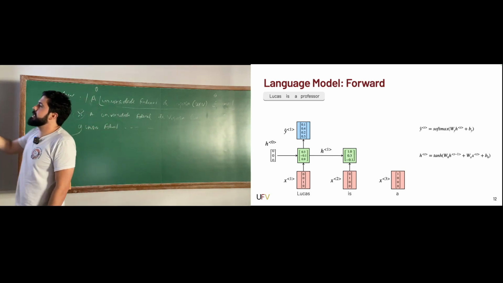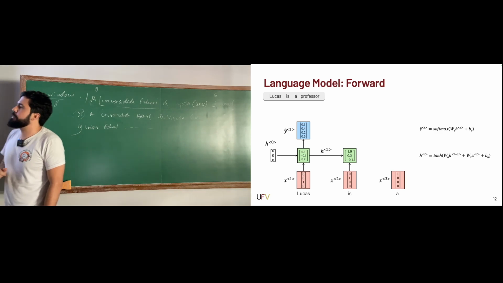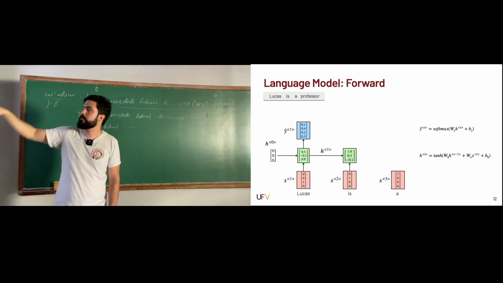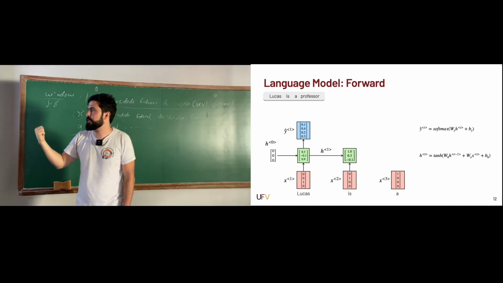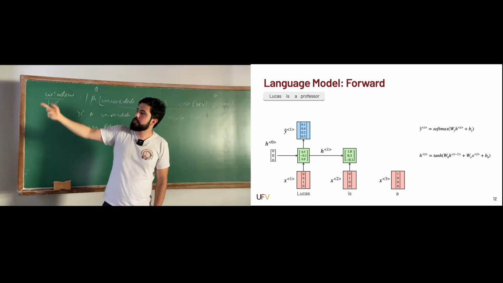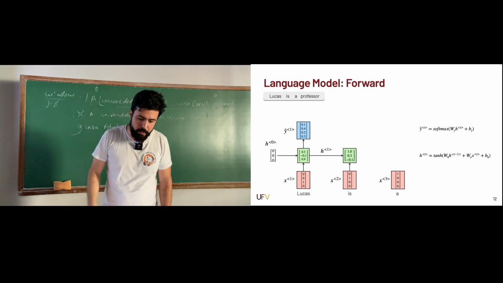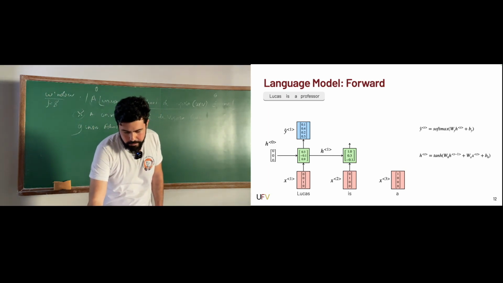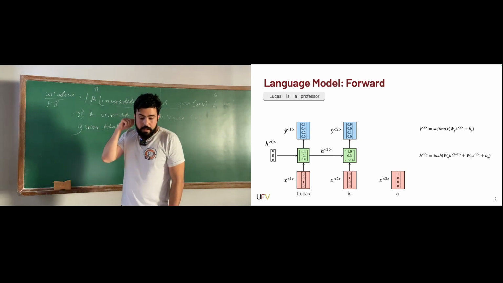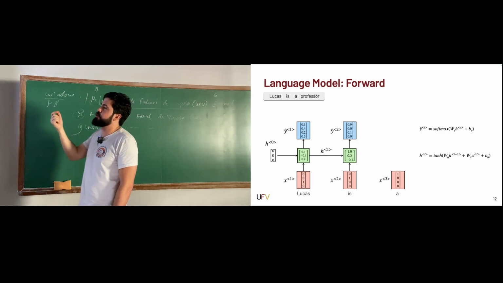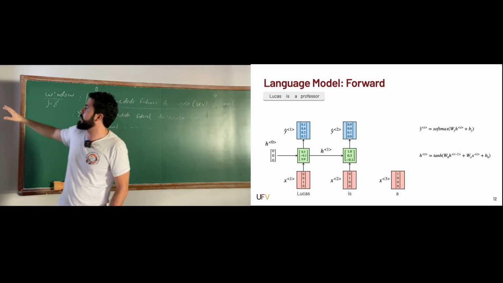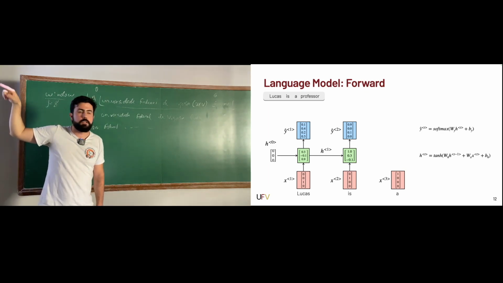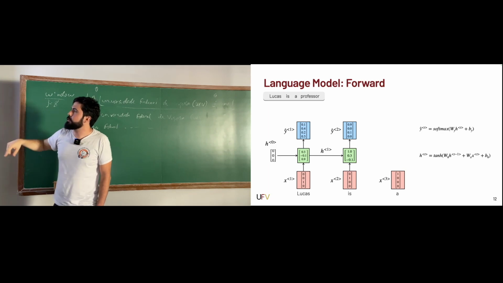So then we are now on time step 2, and we're going to send the h1 from the previous time step to the second time step to compute h2, which is 1, 0.3, minus 0.1. These are arbitrary numbers. But this h2 would be used then to produce an output, and if you want to see the equations, they are here on the right. So this is the way we compute the outputs.